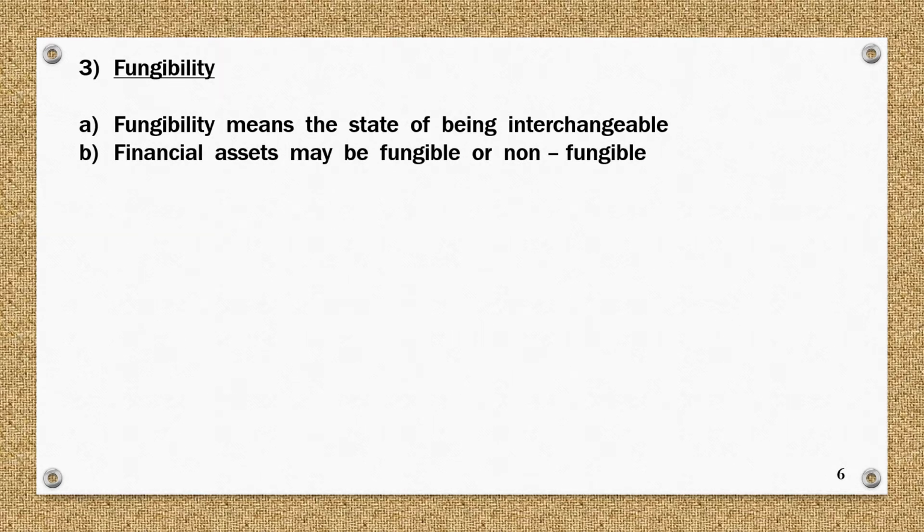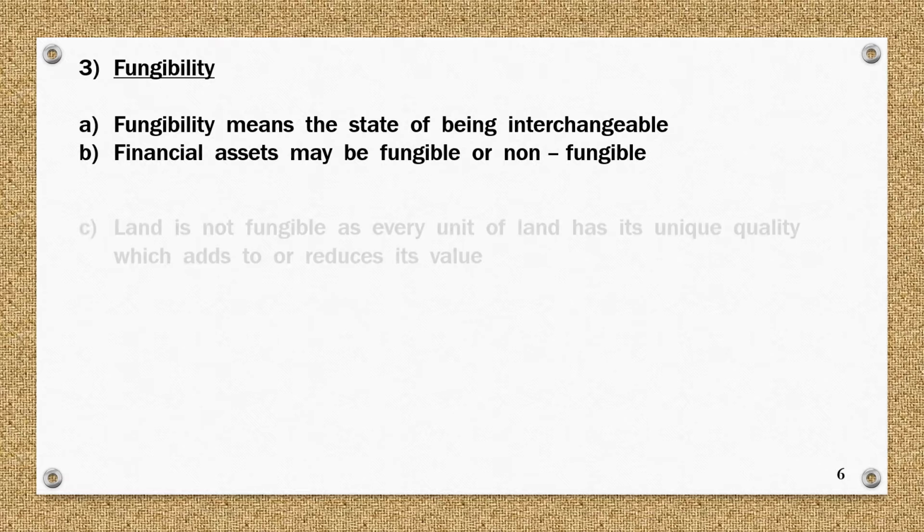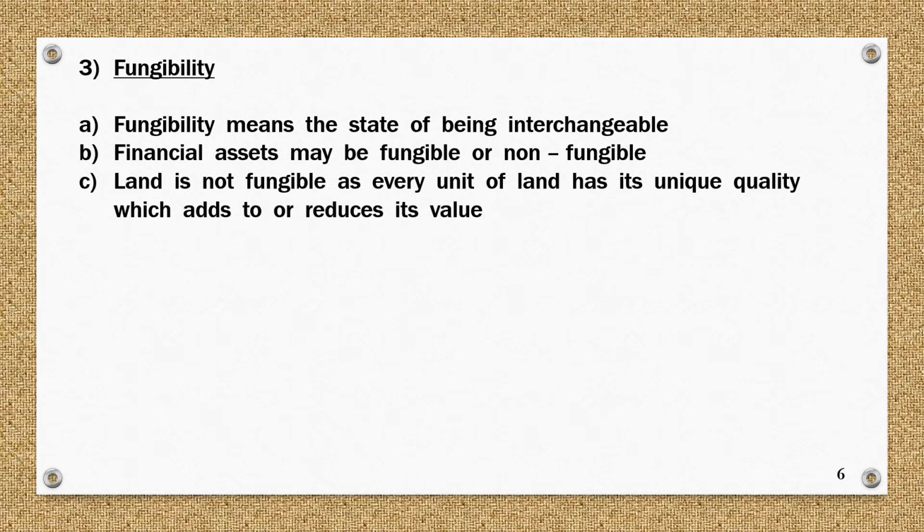Further, some financial assets are fungible while some others are non-fungible. Examples of financial assets include cash, stocks, bonds, bank deposit, etc. Let us now understand the concept of fungibility and non-fungibility with the help of examples.